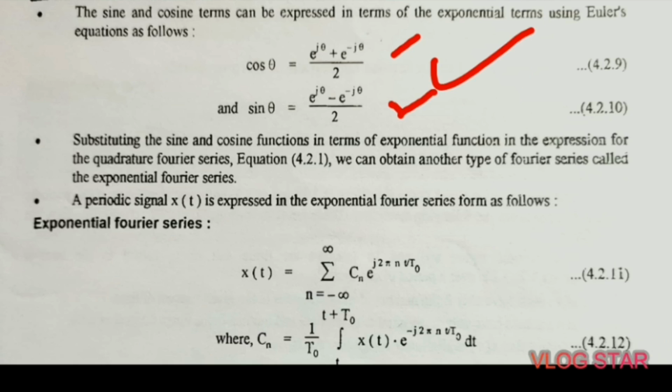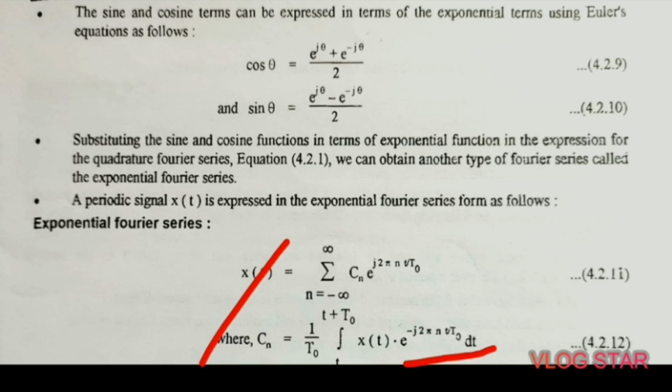A periodic signal x of t expressed in exponential Fourier series form is as follows: x of t is equal to summation of n equal to minus infinity to plus infinity Cn into e raised to power j 2 pi n t divided by T0, where the value of Cn is equal to 1 upon T0 integration of t to t plus T0 x of t into e raised to minus j 2 pi n t divided by T0 into dt.